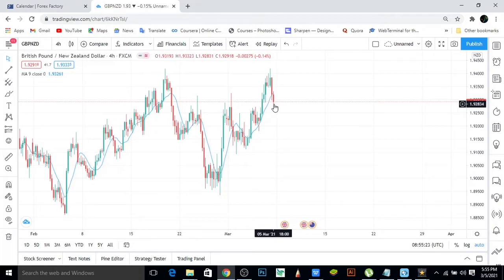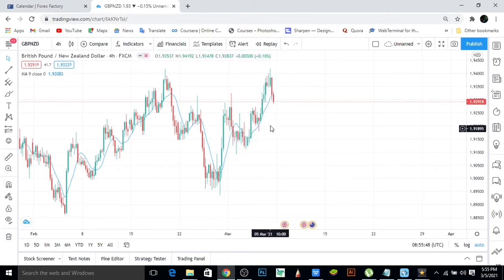So now what your exponential moving average does is it gives more weight to more recent prices. Like, it gives more weight to more recent candles, right? As opposed to your simple moving average that gives equal weight to all the candles of the period you are measuring. So simple moving average gives equal weight.